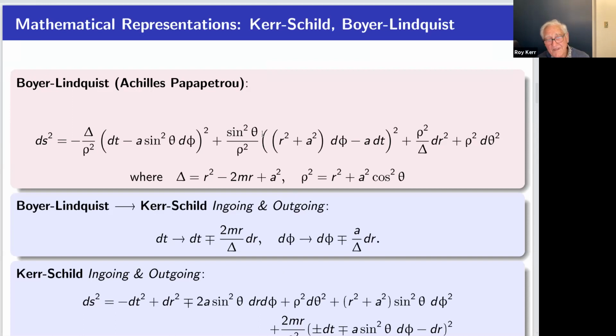So what this means in the end for us is that with this transformation, I can either go one way to the original Kerr-Schild form with an ingoing set of null rays going in through the event horizons, or I can go the other way to the outgoing null rays. So next, please.